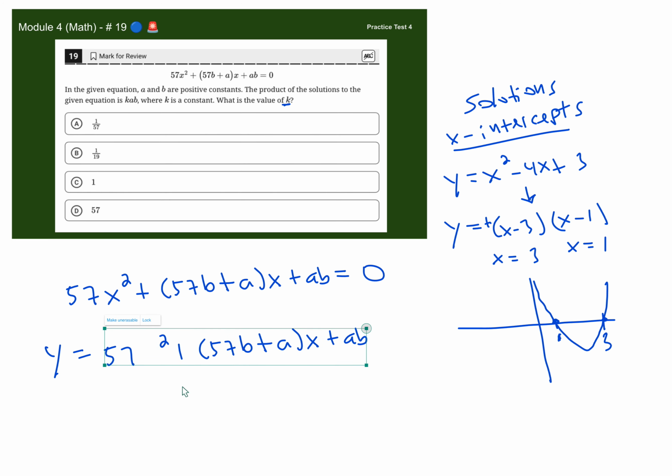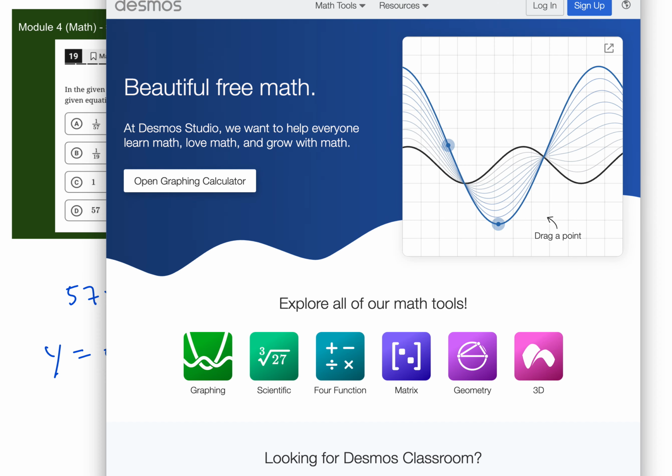Then wherever the x-intercepts are, that's the solutions. Okay, let's go over to Desmos.